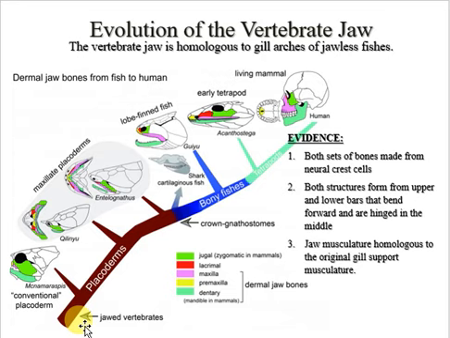So again, these are just the major lines of evidence for the notion that our jaws and all vertebrate jaws arose from the gill arches of jawless fish when they were modified to give the first jaws in jawed vertebrates, which were first those placoderms, which are these weird prehistoric fish that had these big armor plates.